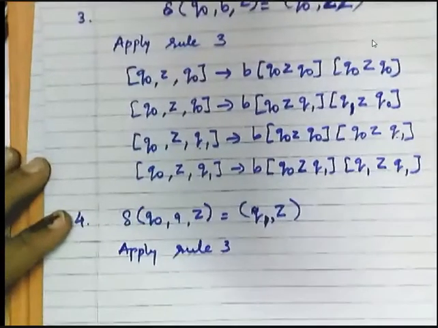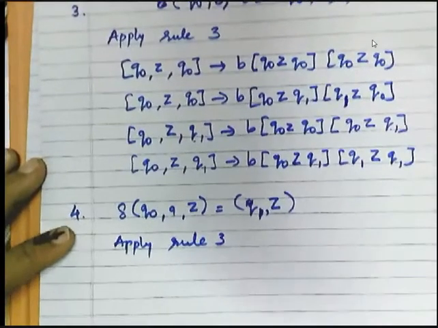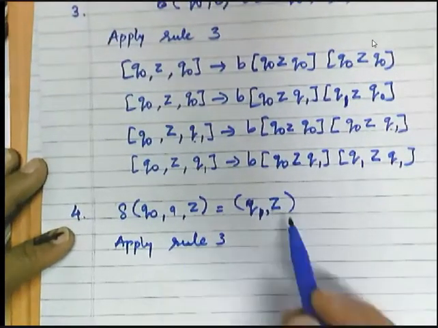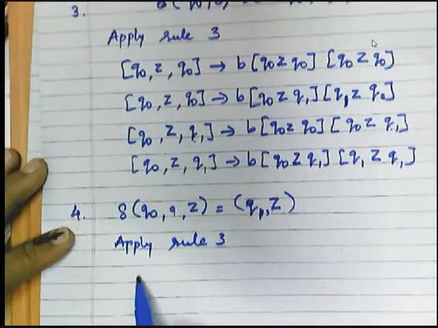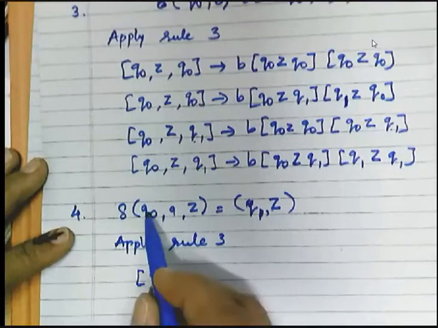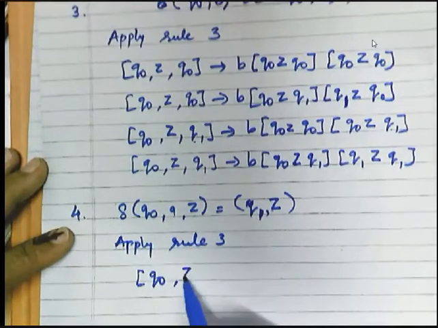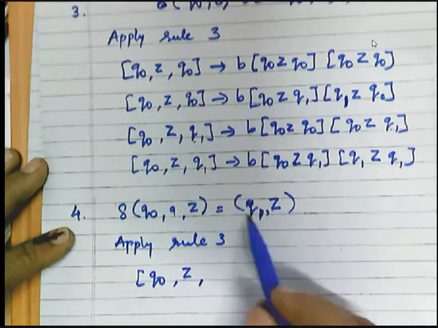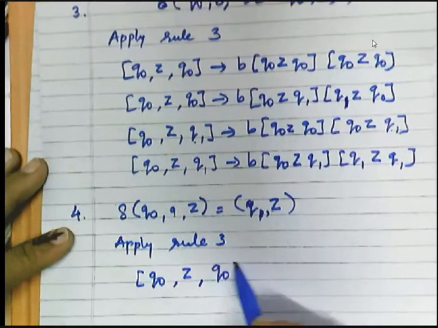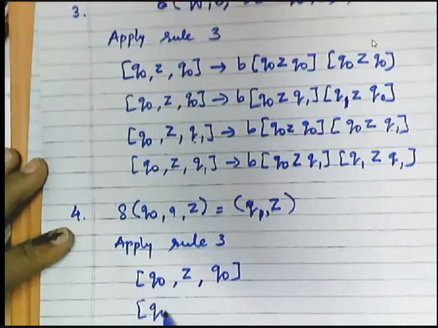So after applying rule 3, what will we get? Here we are having only single, so we will be having only two rules. What will be those rules? It will be Q0 this Z comma this Q0, and Q0 comma Z, and for each state.